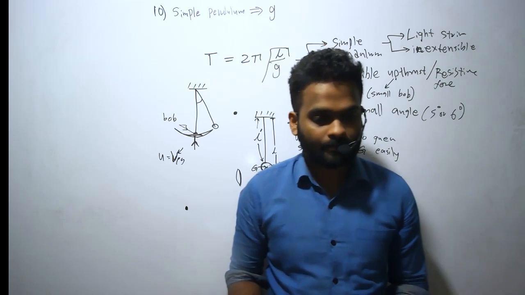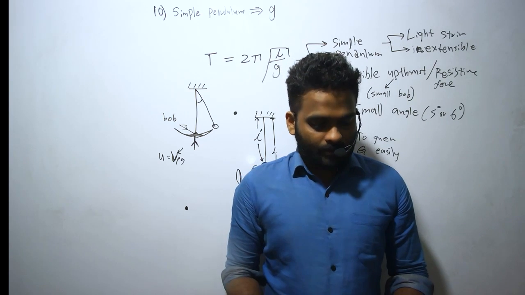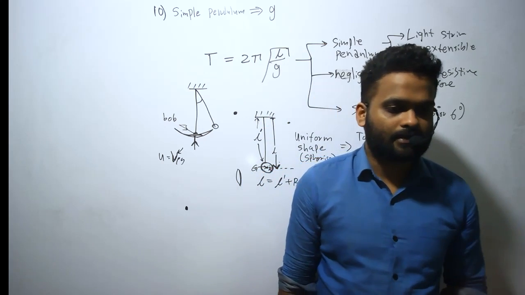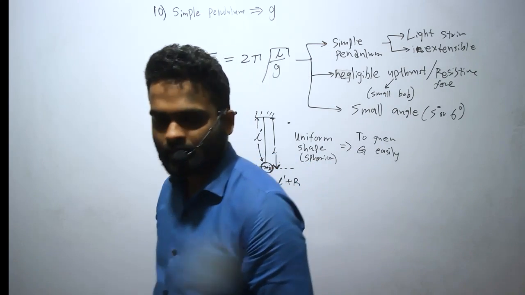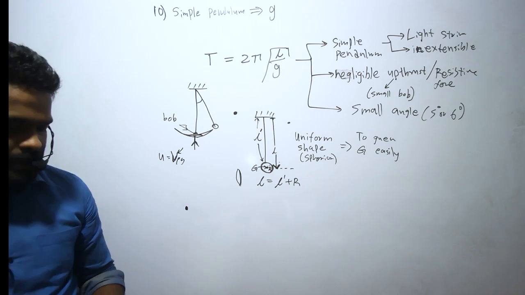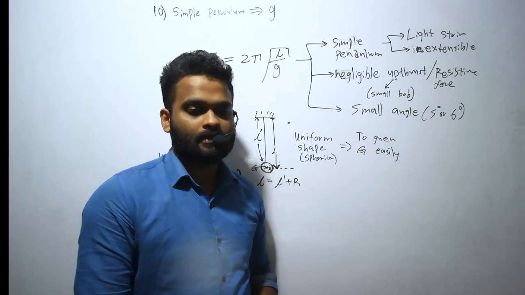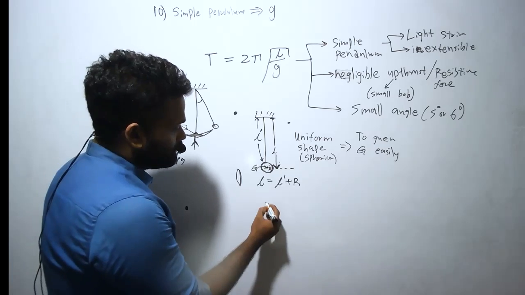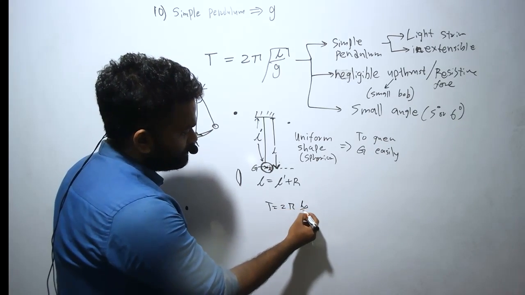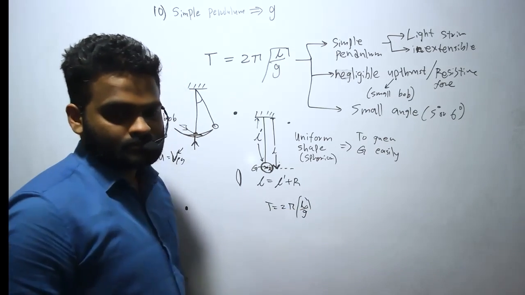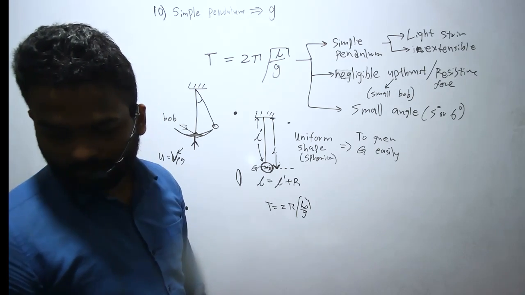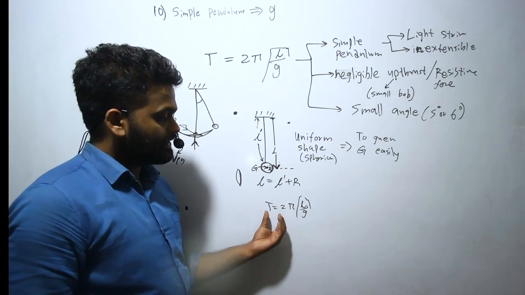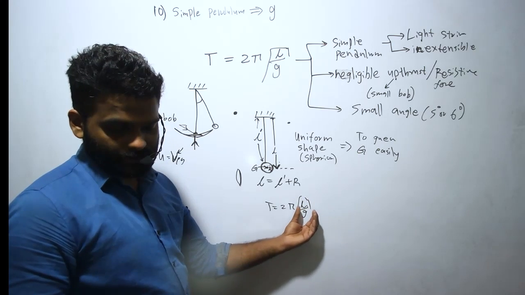Okay. Write down: the experiment is based on T equals 2 pi root L over g.